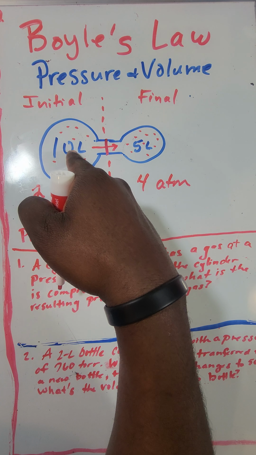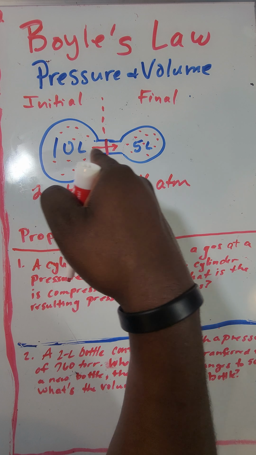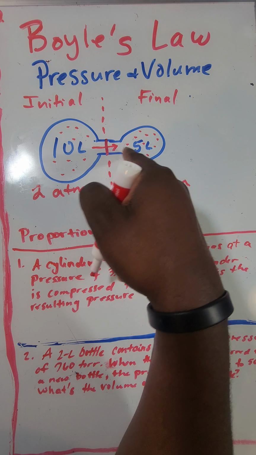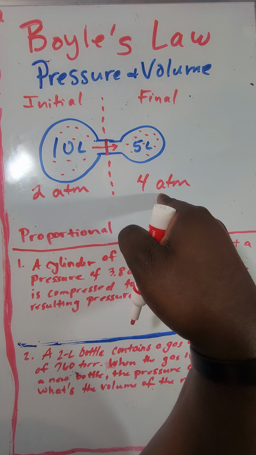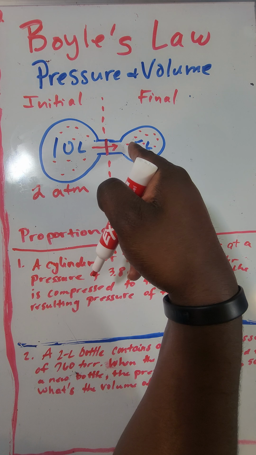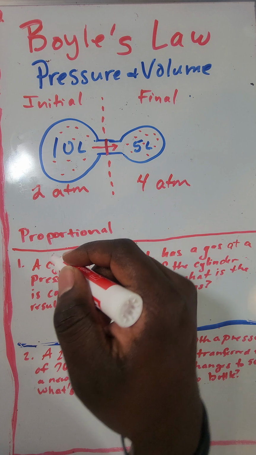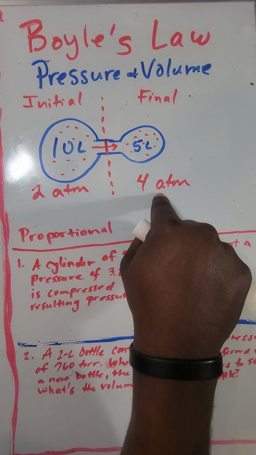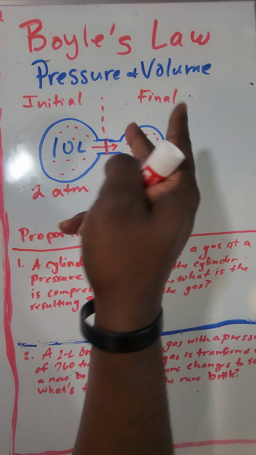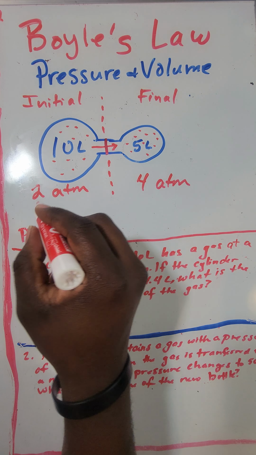So we're saying that if the gas goes from a 10-liter container to a 5-liter container, then the pressure will go from 2 atmospheres to 4, because less space, same amount of gas is going to equal more pressure. So as our volume decreased, our pressure increased, and this would be the same if it was the opposite way. So we flipped it, it would be the opposite way.